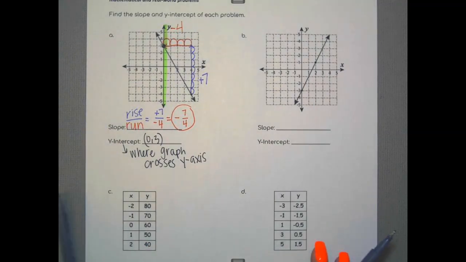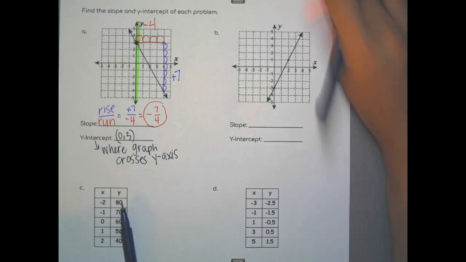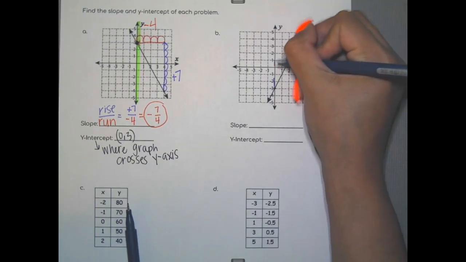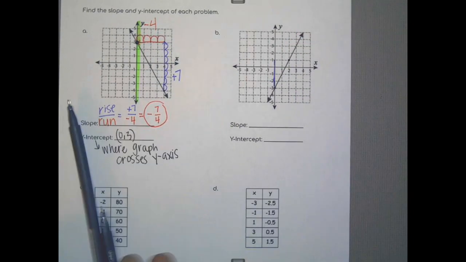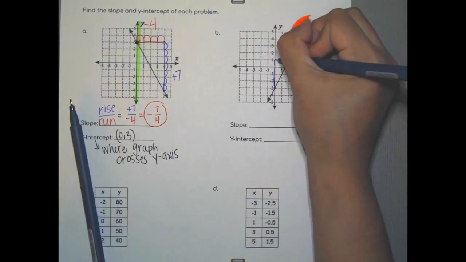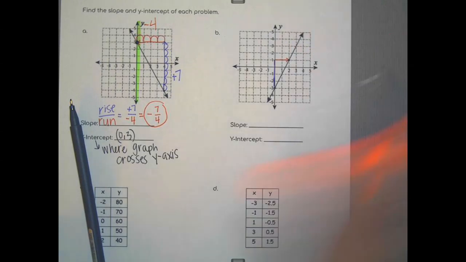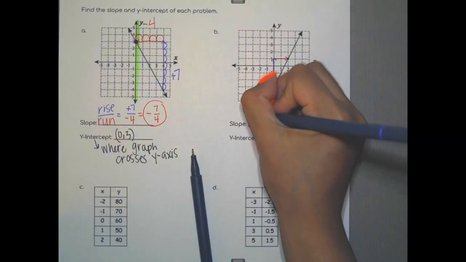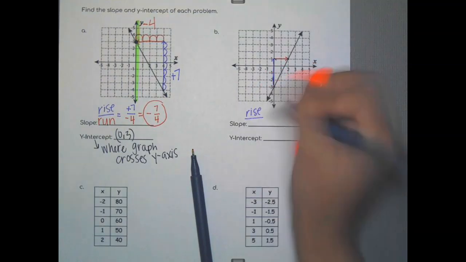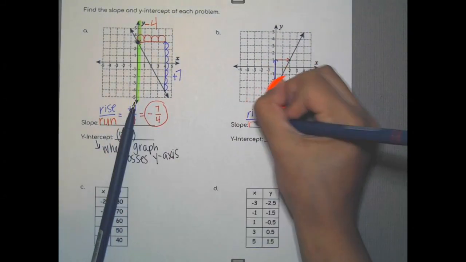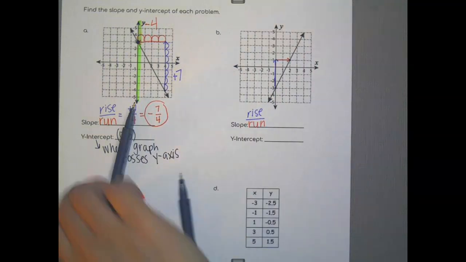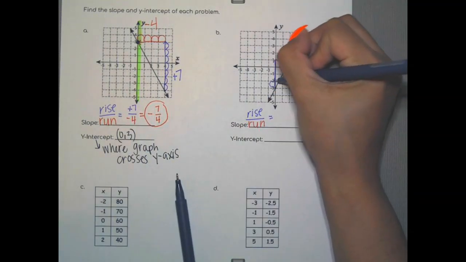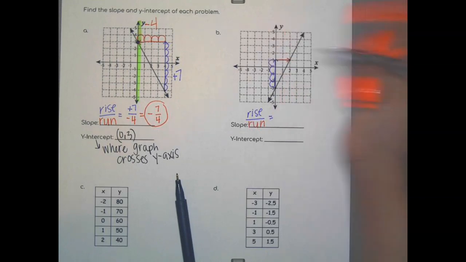So just like I started with on A, I'm going to draw that right triangle connecting my points. That's going to help me know how much to count when I do this problem. So again, slope is my rise over run. So when I count how much I go up, I'm going 1, 2, 3, 4.